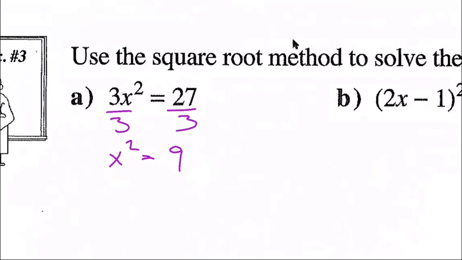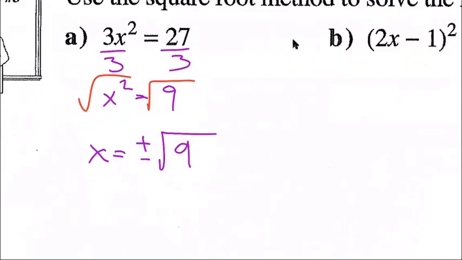I'm going to square root both sides. That's why it's called the square root method. Square root both sides. But when I square root, that gives me a plus and a minus version of the square root of 9, which I know is plus or minus 3. So your solutions are plus and minus 3. Oops, that's x, not 3 there.